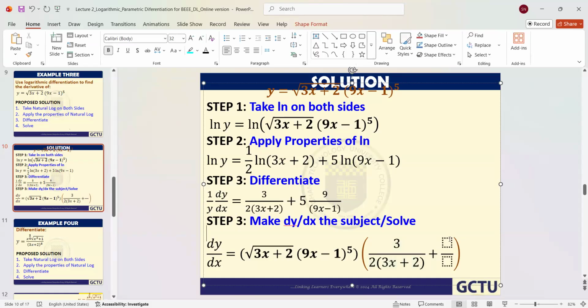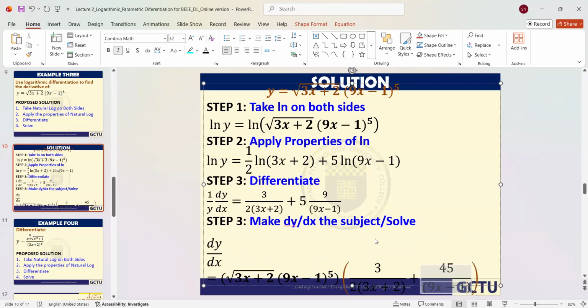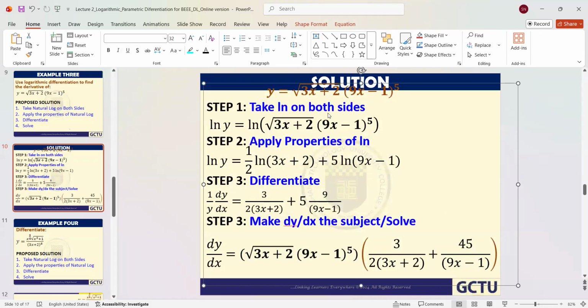And then the numerator for this one is supposed to be 9, 5, 45, and the denominator will give me the bracket 9x minus 1. Okay, and there you are. Your final answer will look similar to this.